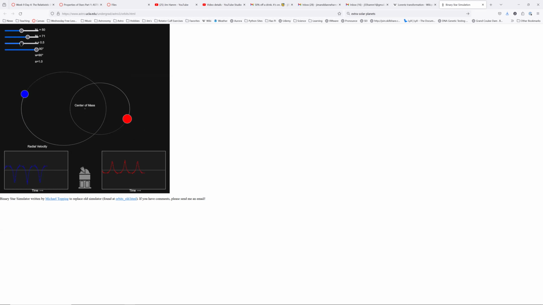You can also change the ellipticity of the orbits to make them more elliptical or less elliptical. We could take it down, give them each a circular orbit. So you can have various things, and you can experiment with things like this.